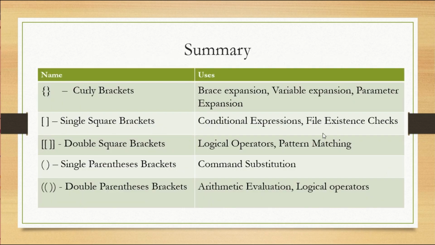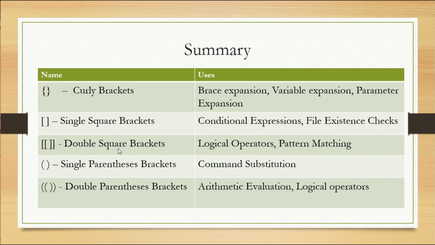Let us check a summary of all the brackets in bash and their uses. The first one we checked was the curly bracket, and we said the curly bracket is used for brace expansion, variable expansion, and parameter expansion. Then we have the single square bracket, used for conditional expressions, file existence checks, and checking if a file exists.